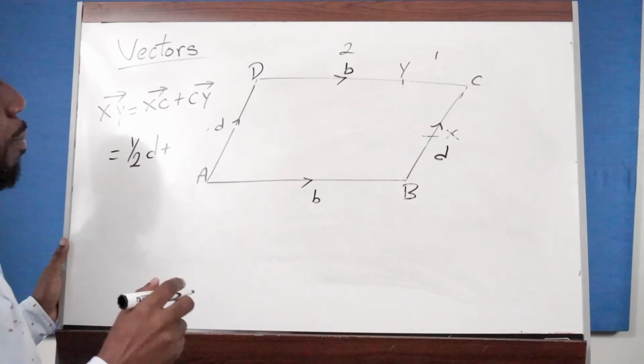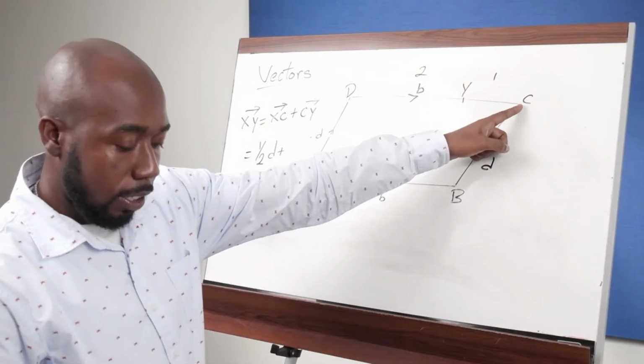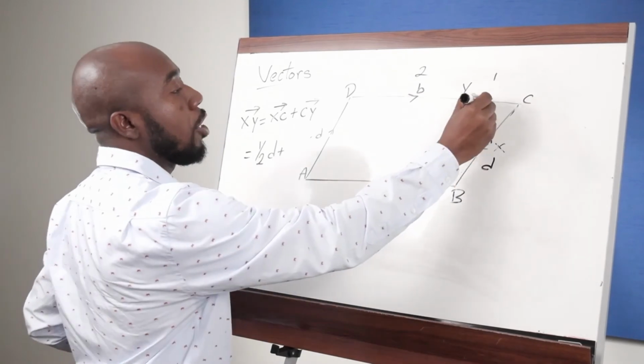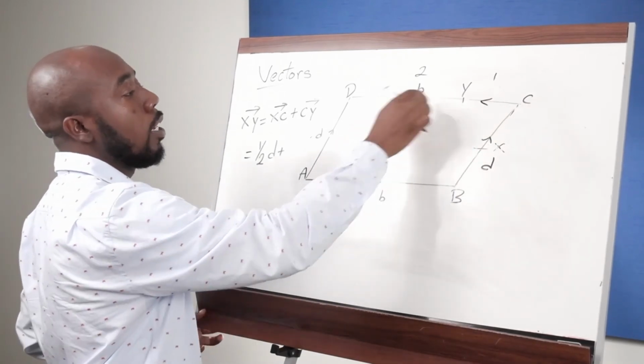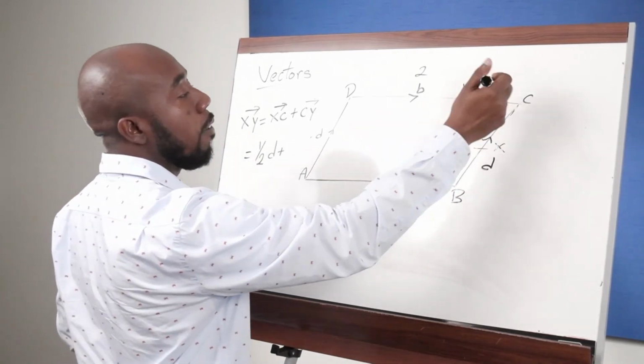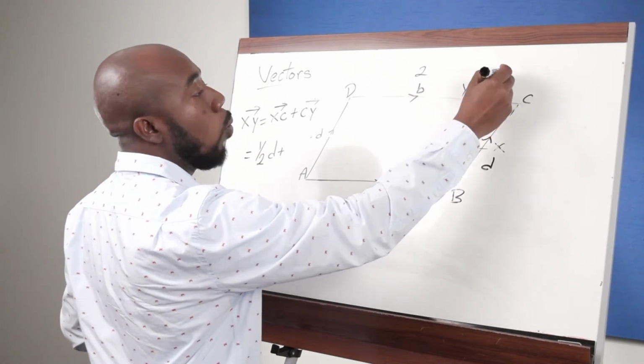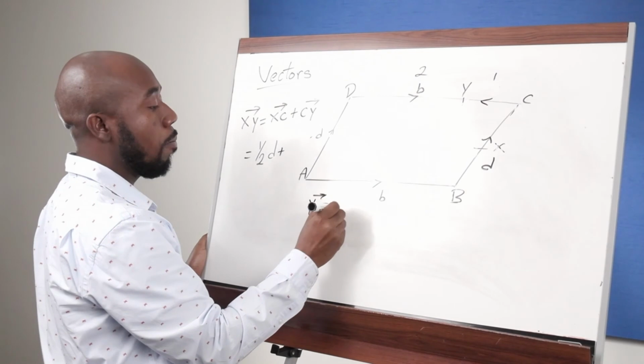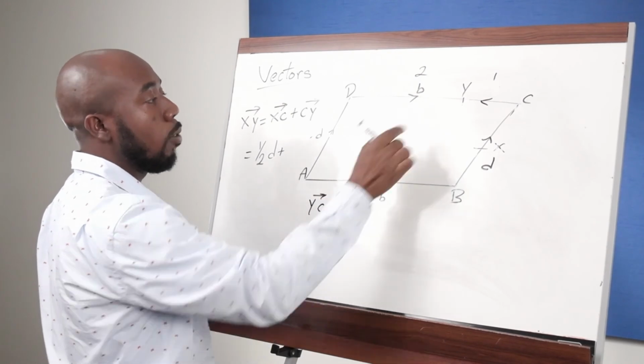Plus, note what happens here. Now we're going from c to y. So we're going in the opposite direction of the b. If it was y to c, it would have been 1/3 of b, because it would have gone in this direction.